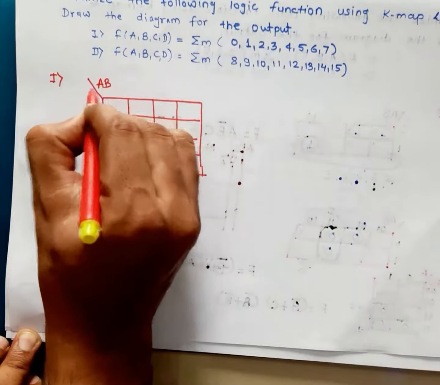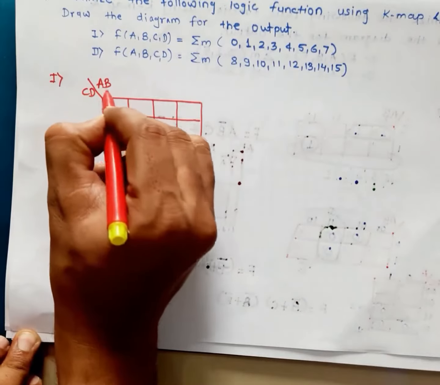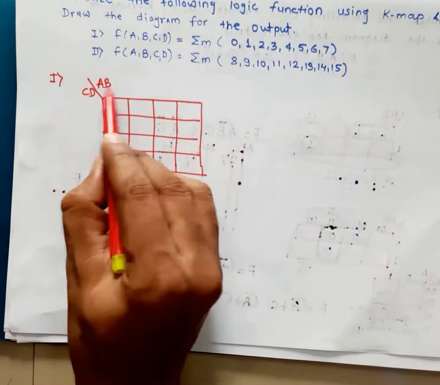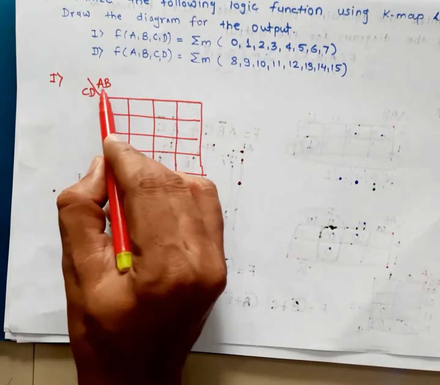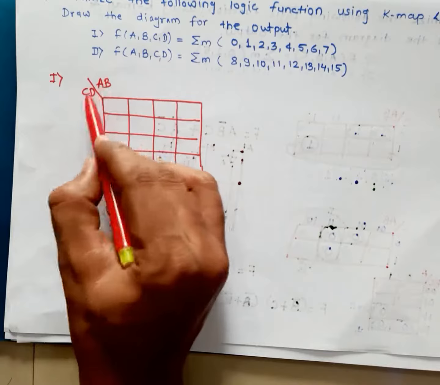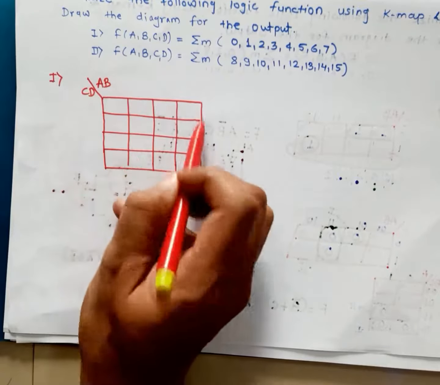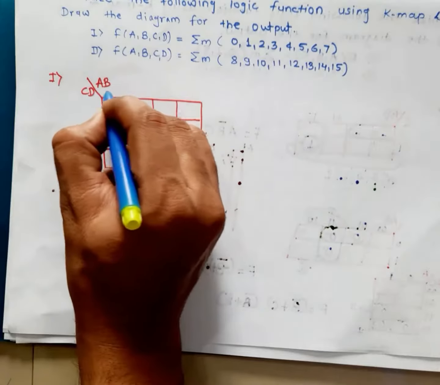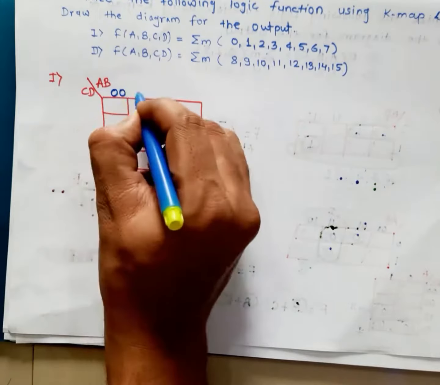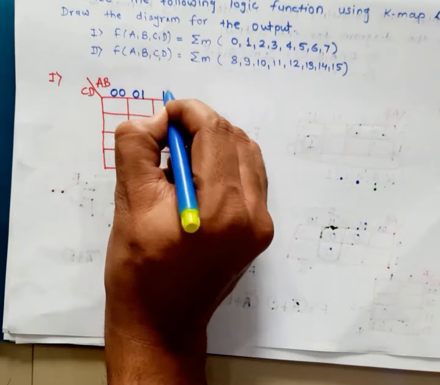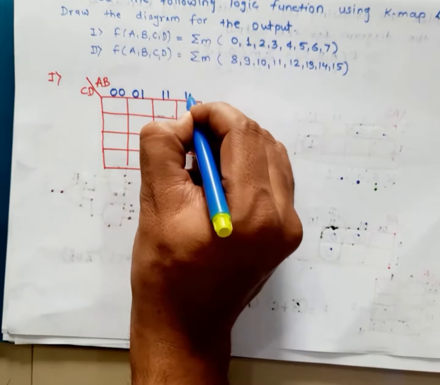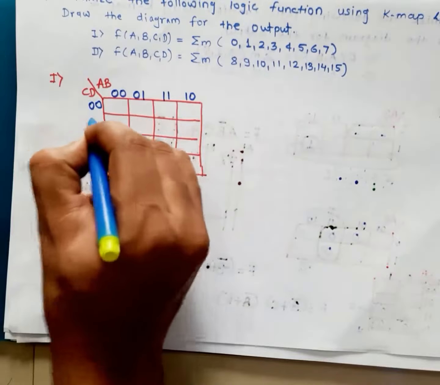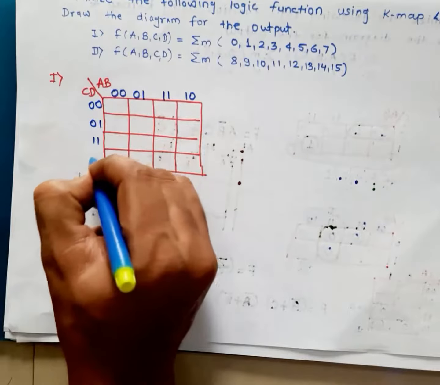Now write down the positions of your variables. You can change the positions of variables, but if you change them, the cell values will change accordingly. So I am considering 00, 01, 11, 10 as per the Gray code sequence.